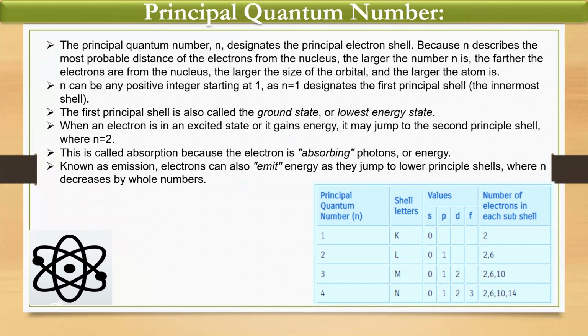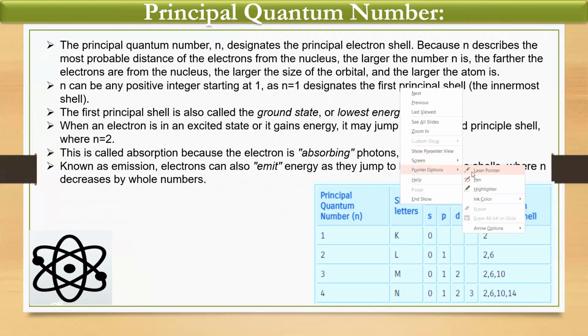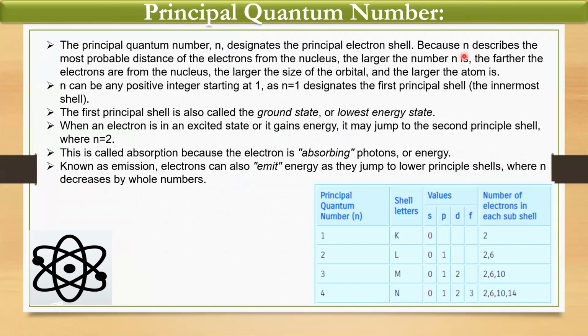The principal quantum number n designates the principal electron shell, because small n describes the most probable distance of the electrons from the nucleus.